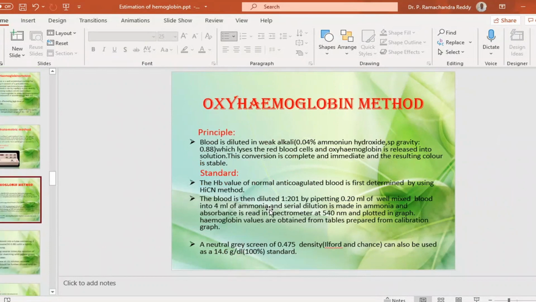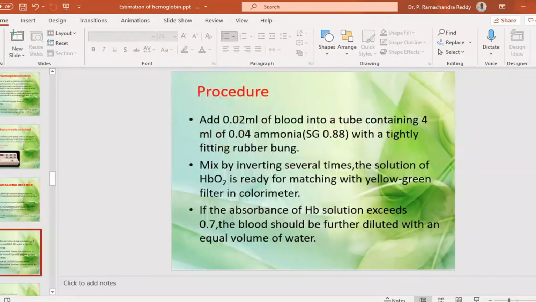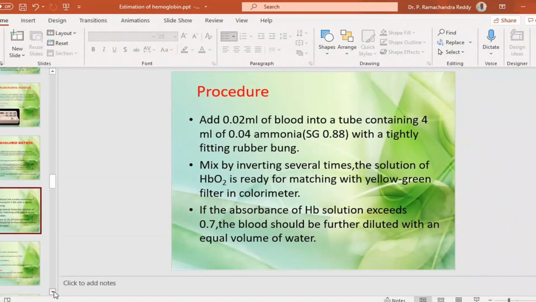Oxyhemoglobin can be measured using different protocols, but I'm not going to tell you all the procedures related to this. Remember, we have two methods. One is the alkali hematin method, or Sahli's method, which we follow in our laboratory, and we can also follow the other method, the WHO color comparison method.